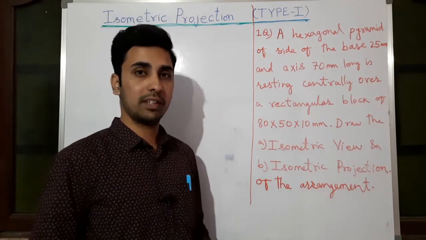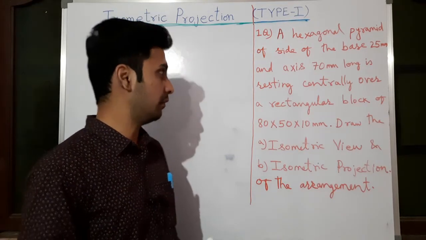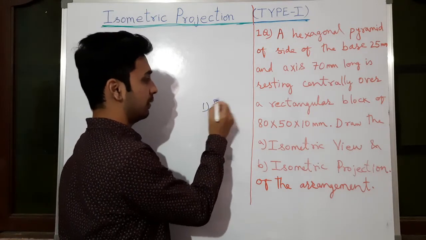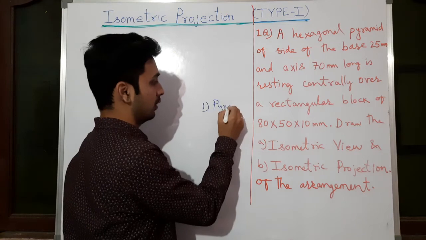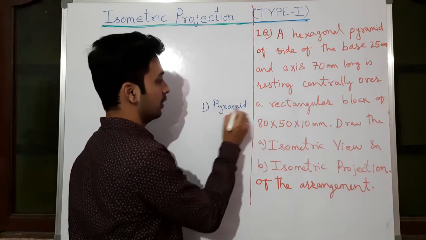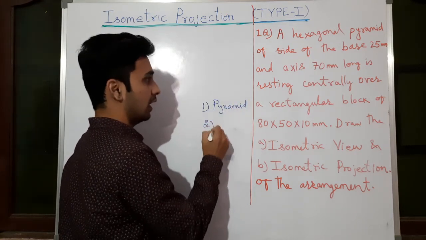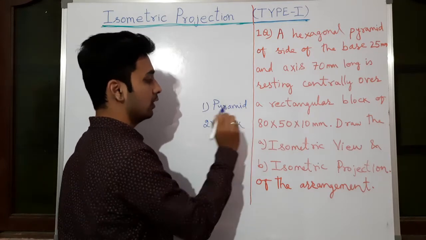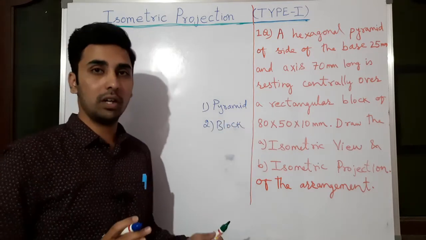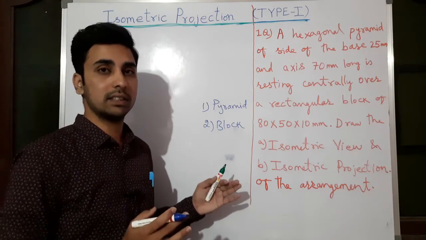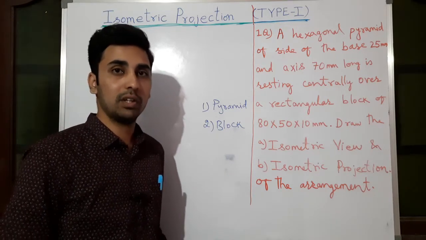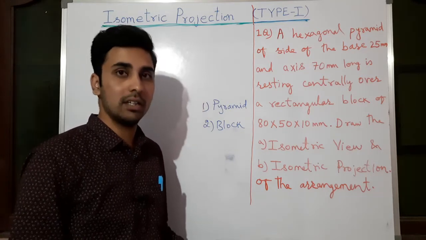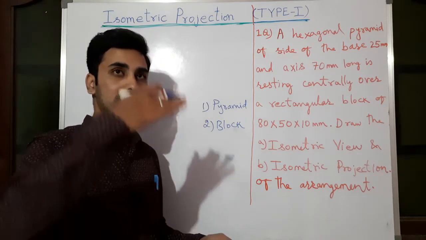As we have discussed, in the question they have given the first object as a hexagonal pyramid, resting on another object, a rectangular block. Whenever you are dealing with this kind of problem, first start with the base. Whenever you are constructing a building, you first construct the base, the ground floor, then go for the first, second floor, like that.